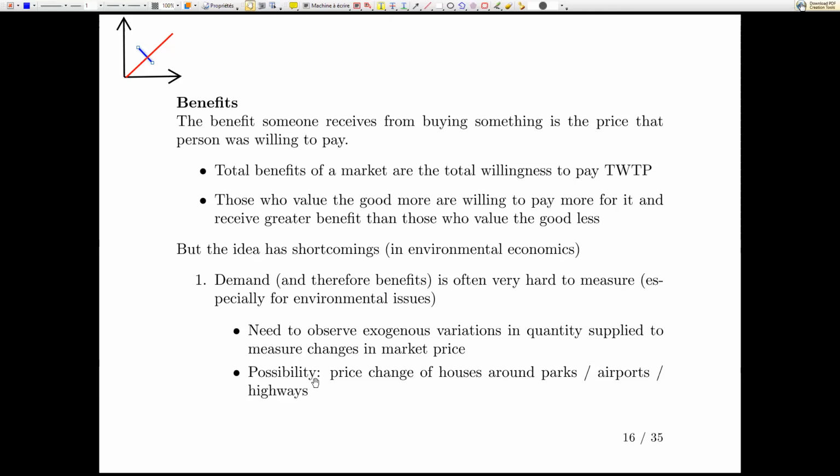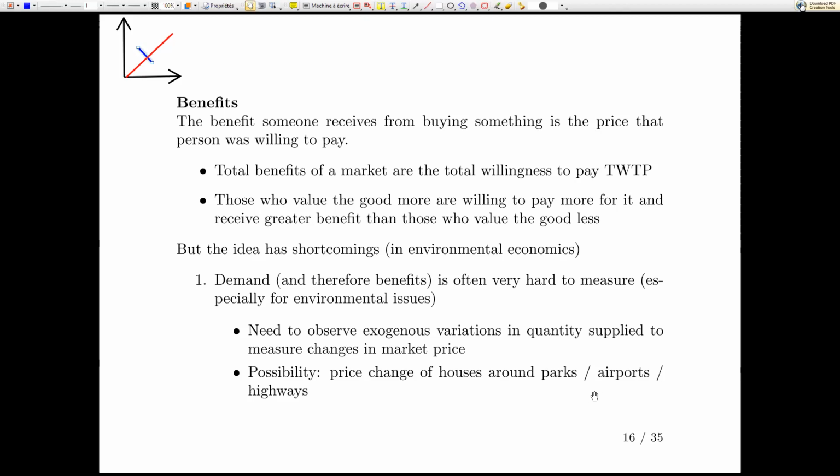One possibility is that in some instances you can observe prices, and that gives you some idea of people's willingness to pay. For instance, if you go near airports, well, airports generally create pollution because of air travel and lots of noise. So it's often the case that the price of houses is lower near airports.